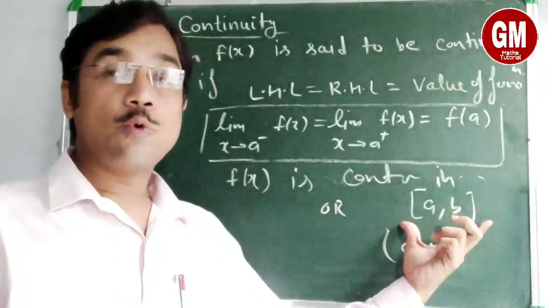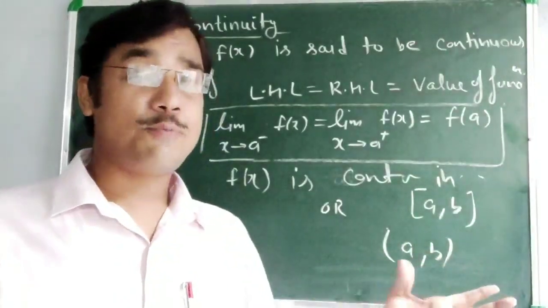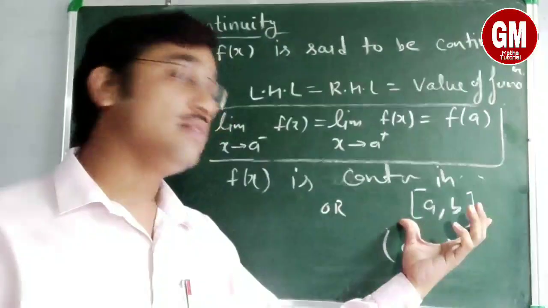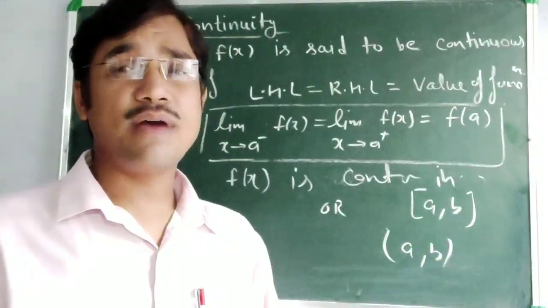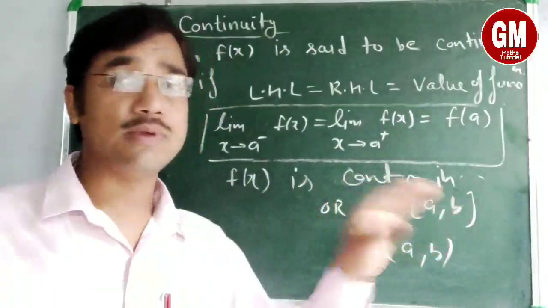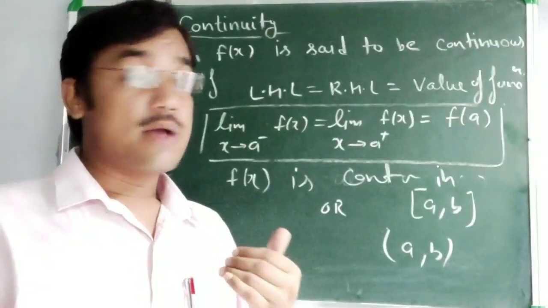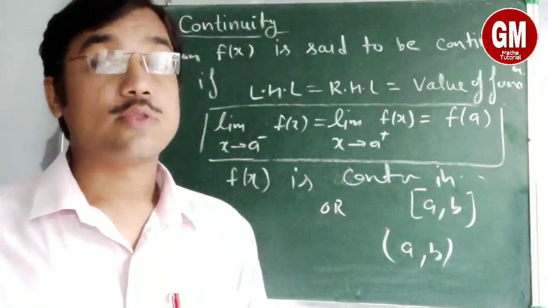Because in a closed or open interval there are a lot of points between them, so how can we justify that the function is continuous at every point? Some point may be discontinuous. So how can we check?